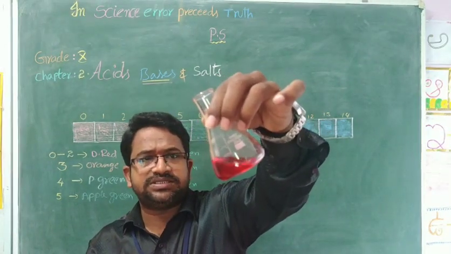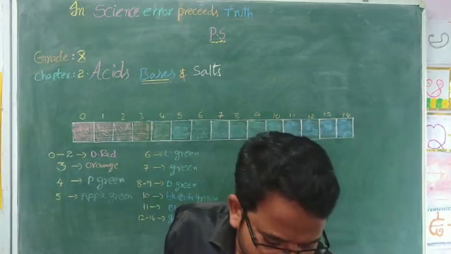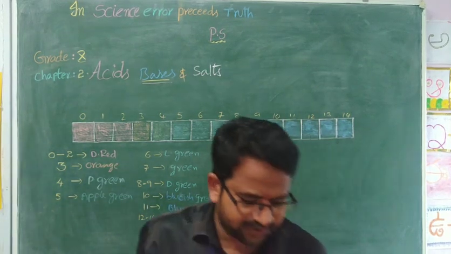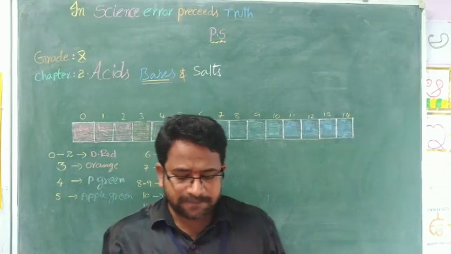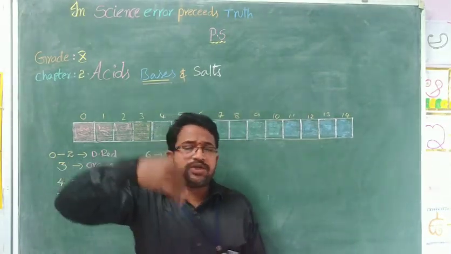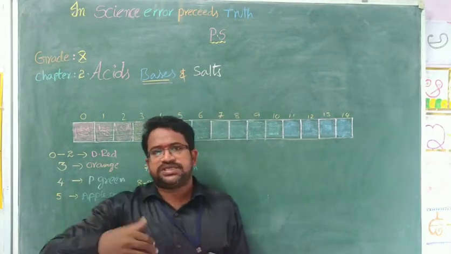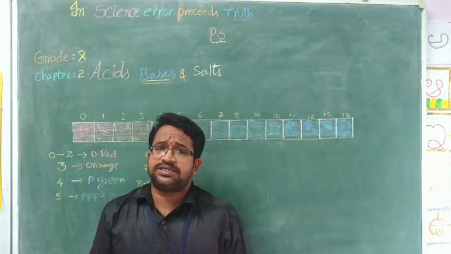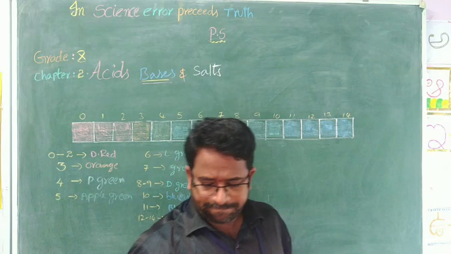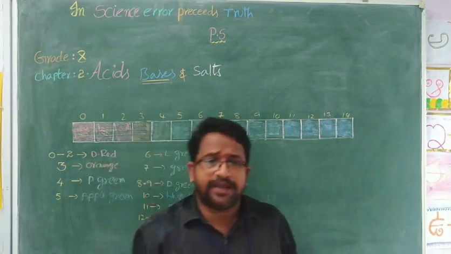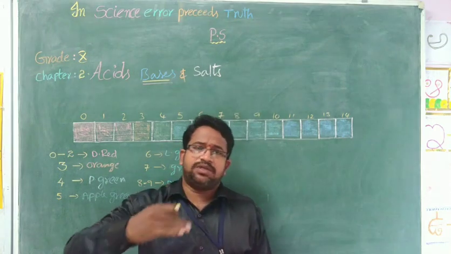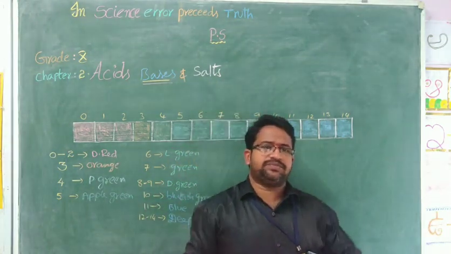So like this, in your stomach neutralization takes place. Okay, is it clear? To reduce the acidic nature we take antacid. What is there in antacid? Milk of magnesia, which is nothing but magnesium hydroxide, which neutralizes the acid. So you can get relief from that.